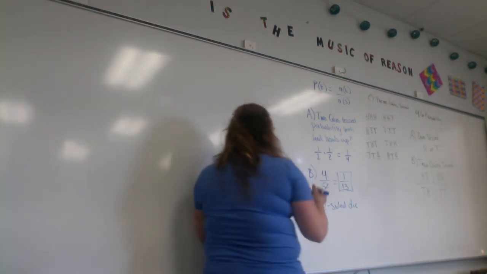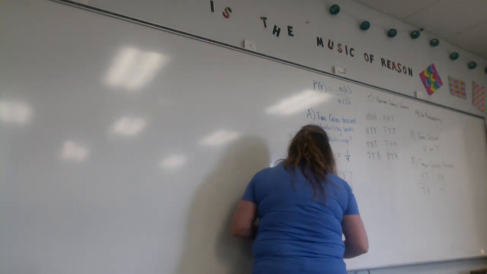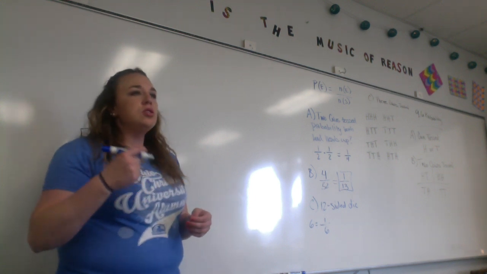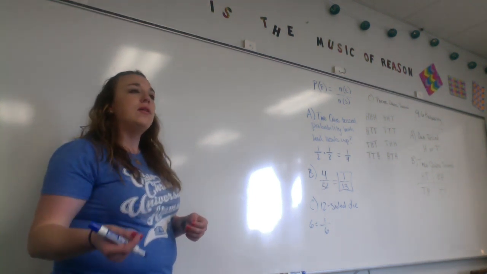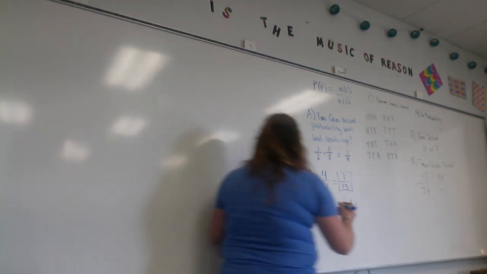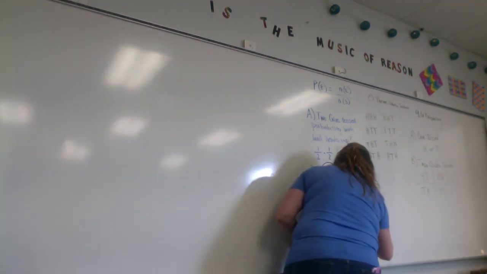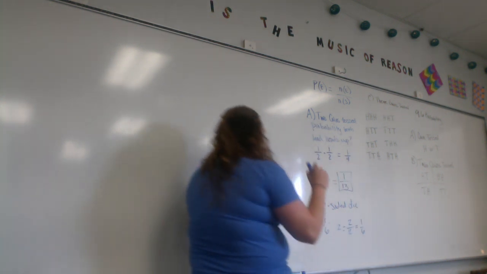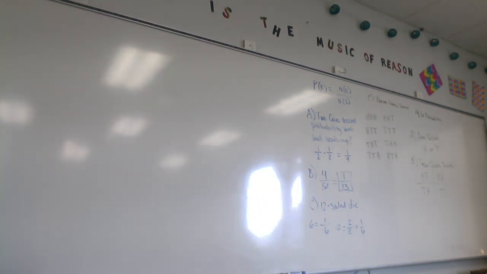If I pulled out a 6 from a 6-sided die, I would have a 1 in 6 shot. What is your shot of rolling a 6 on a 12-sided die that has 1 through 6, 1 through 6? 2 in 12. And what's 2 in 12 reduced down to? 1 in 6. So whether you have a 12-sided die with double 1 through 6s on it or a 6-sided die, it's the same probability of rolling that number.